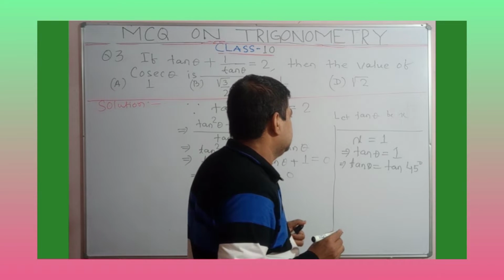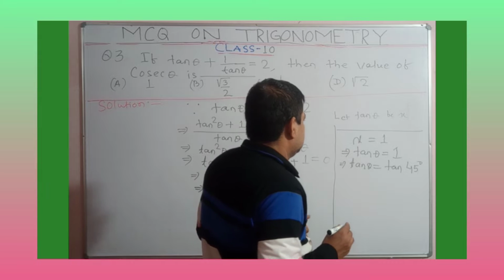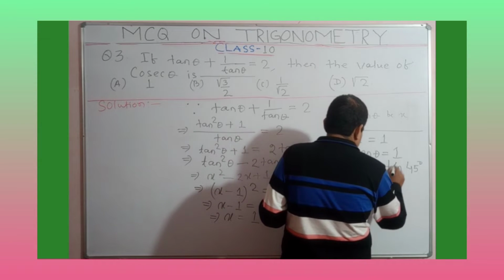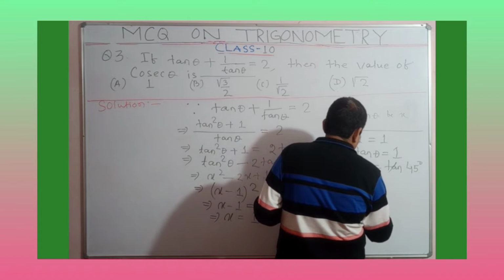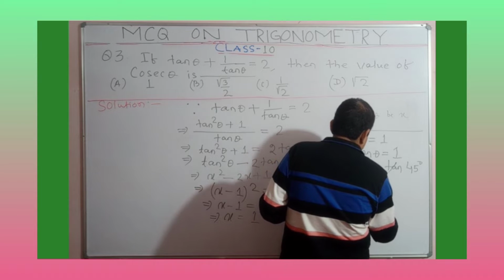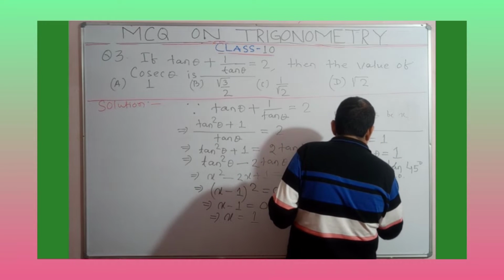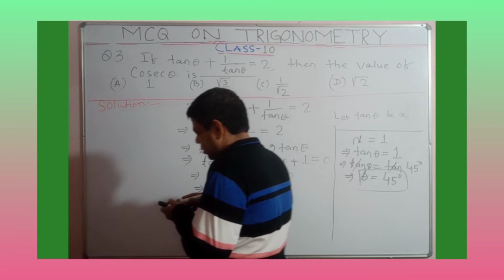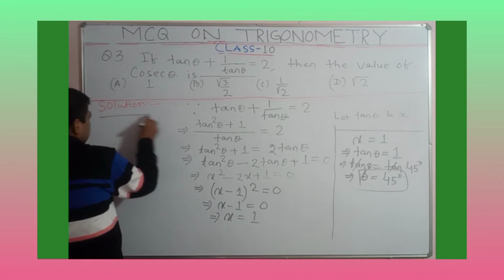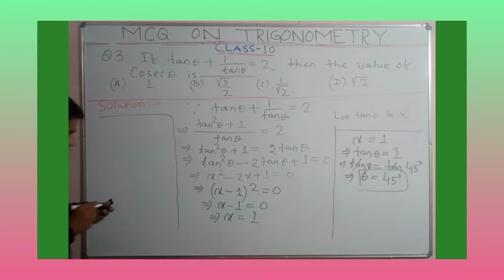Is it clear? So we can cancel tan, that implies theta is equal to 45 degree. We got the value of theta here.